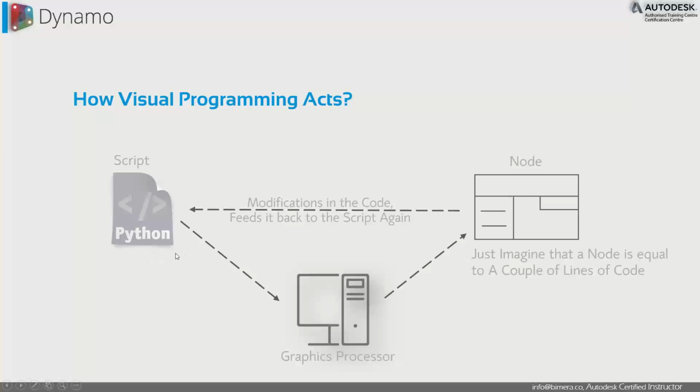This is the actual face, and this is a virtual face of it. Understand? So the graphic processor is nothing but the Dynamo API, which is converting a Python script into the node face. You just have to feed some values into this portion.